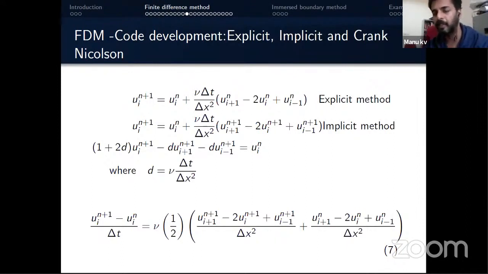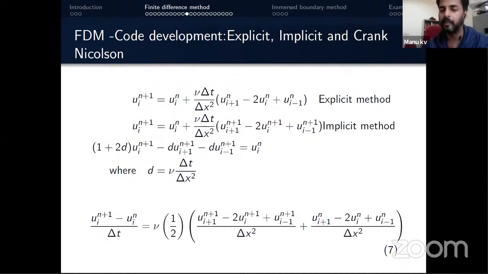Unlike the explicit method, where we have to select extremely low values of delta t, in the implicit method the values of delta t can be much higher than the value which we normally take in an explicit scheme. But the computationally expensive part is solving a set of algebraic equations.